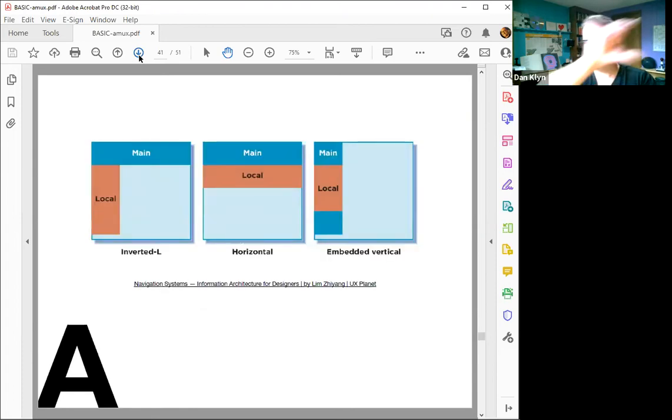So inverted L navigation, global navigation at the top, local navigation underneath. All of these are learned associations about the way that things show up in websites, and deciders change the way that they show up because they want to be associated with what people already know.